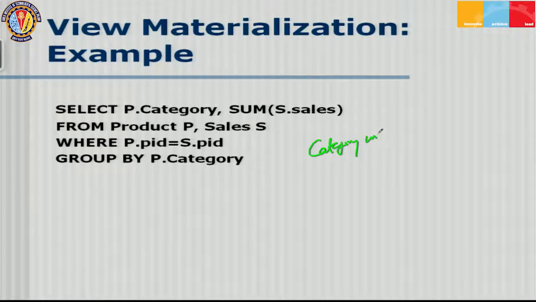The output would be like category 1 and the sale amount, and so on.